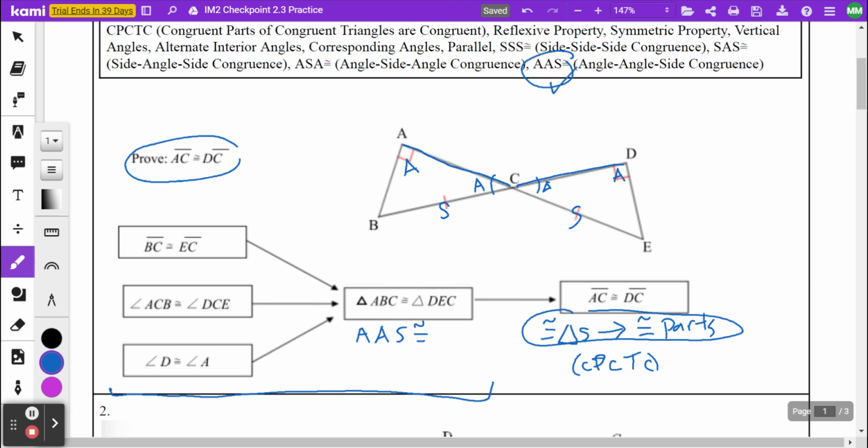That means I'm going to have to describe the side and each angle. So that's what I have here. Angle, angle, side. How do I know that BC is congruent to CE? Well, that's given by the tick marks.